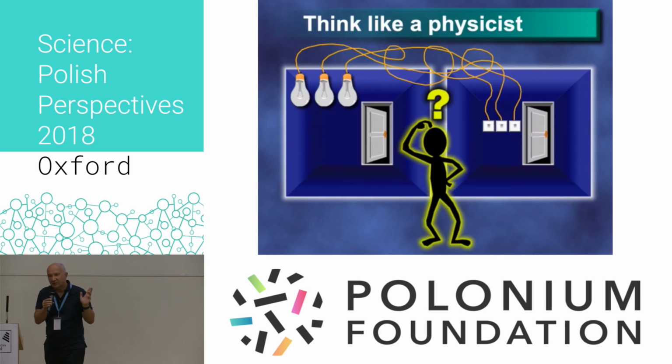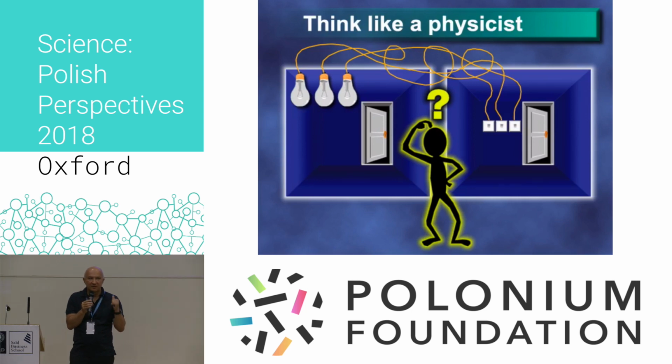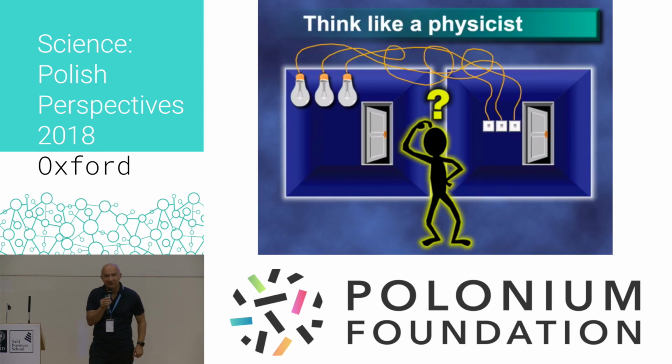This one I like because it tells you whether you think more as a mathematician or more as a physicist. I will specify the puzzle in a moment, but if you find it difficult, that means you are probably a mathematician or a logician or someone who thinks in very abstract terms. But if you find it easy to solve, then most likely you are a physicist or an engineer or some practically minded person.